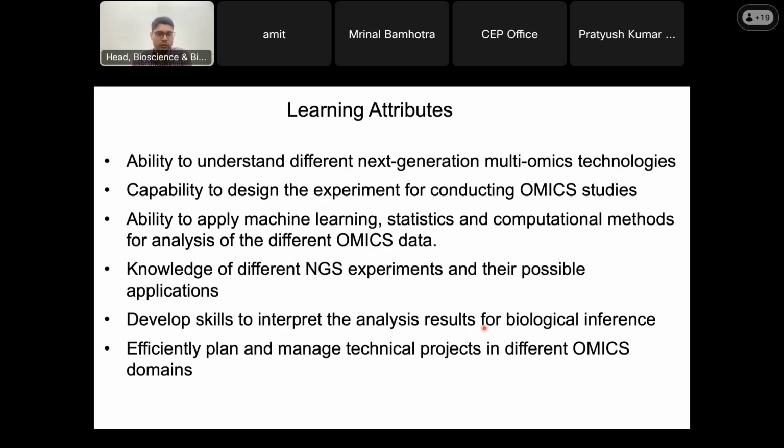You will have knowledge of different NGS experiments and their possible applications in different sectors. You will develop skills to interpret analysis outcomes for biological inference, catering to your specific needs, and efficiently plan and manage technical projects in different omics domains. These are all the attributes we expect participants to have.